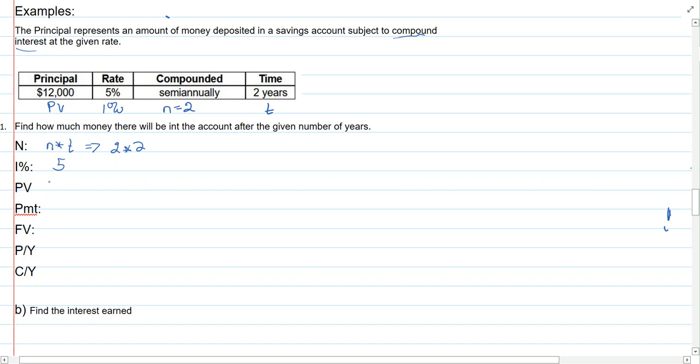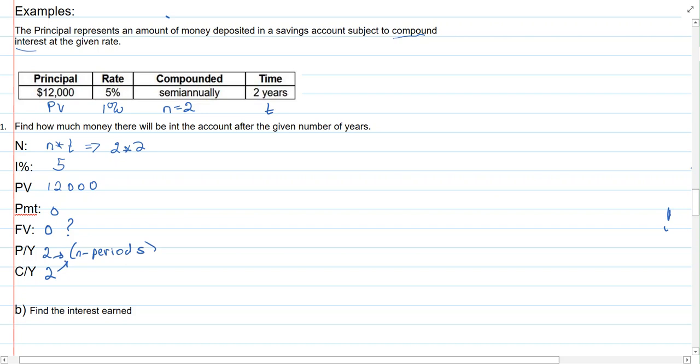Our present value is 12,000. Our payment is 0. Our future value is what we want. Our PY and CY are 2, because these are the end periods. All right, and they must match.